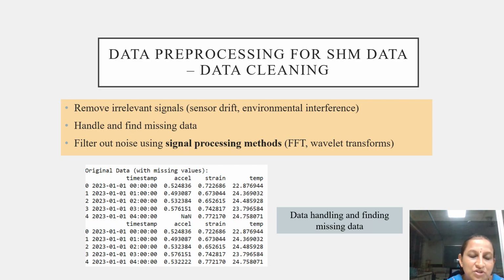We can handle and find the missing data with the help of AI algorithms, and we can filter out noise using signal processing methods. We can remove irrelevant signals, sensor drift, or environmental interference if there is any in the data, and the data required for the AI model will be pre-processed.